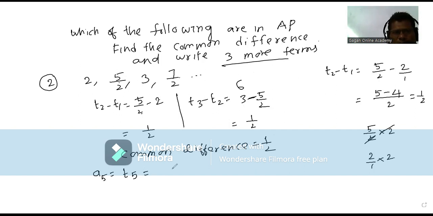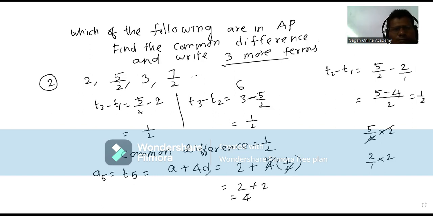T5 means we write A plus 4D. A is 2, the first term, and 4D is 4 into D, where D is 1 by 2. 2 twos are 4, then 2 plus 2 is 4. So the fifth term is 4.